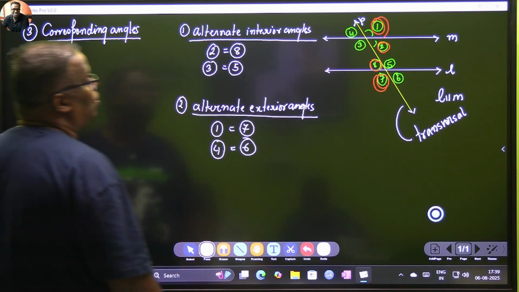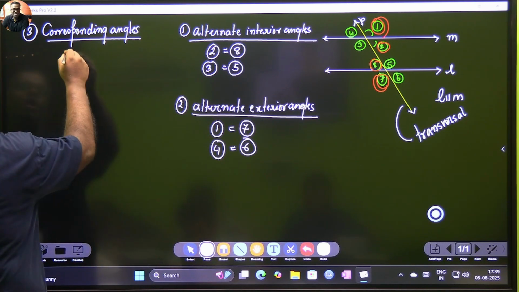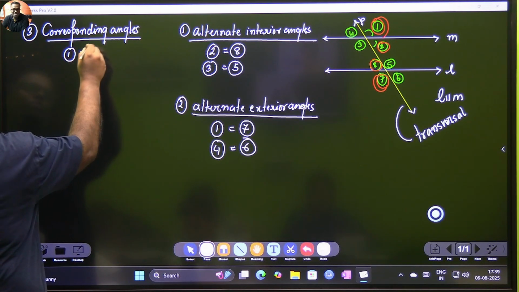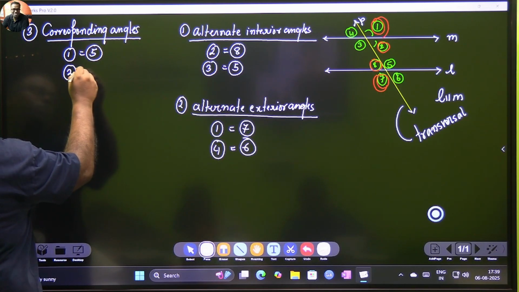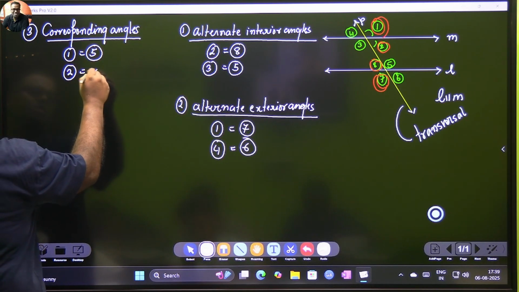Let us write down the corresponding angles. So 1 will be equal to 5. Agreed? And similarly, 2 will be equal to 6.